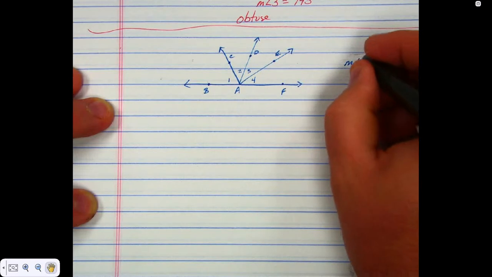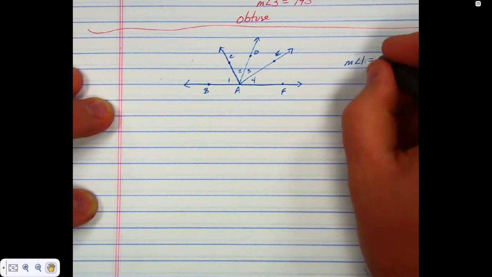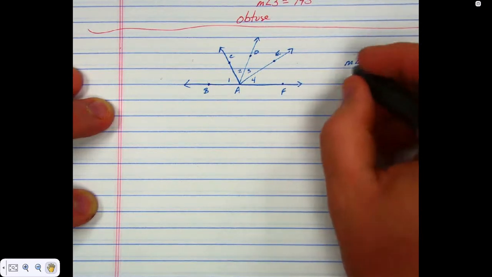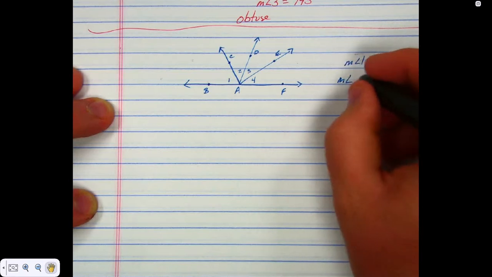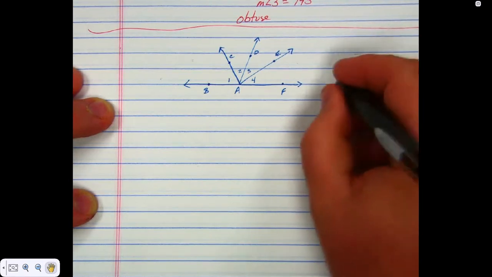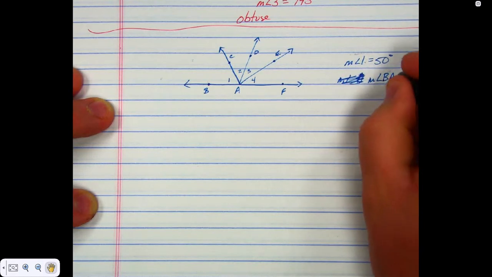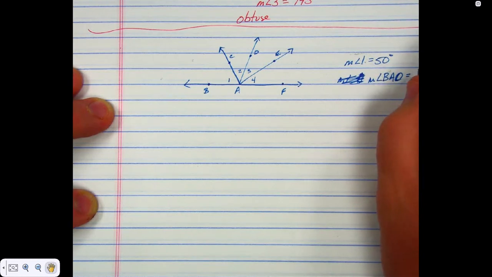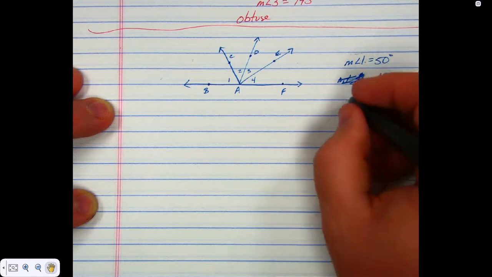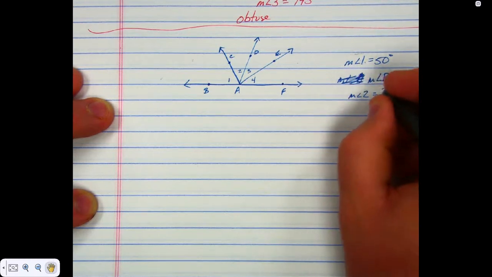Let's say the measure of angle 1 is equal to 50 degrees. The measure of angle BAD is equal to 100 degrees. What's the measure of angle 2 equal to?